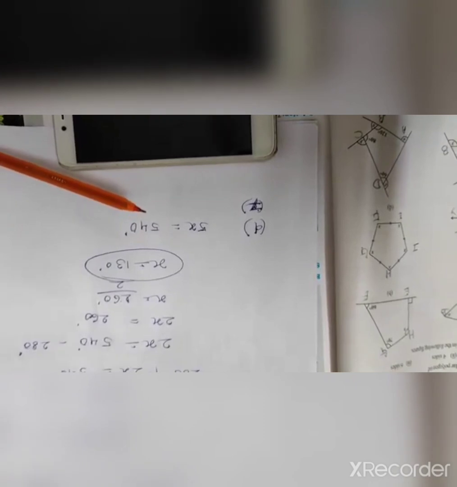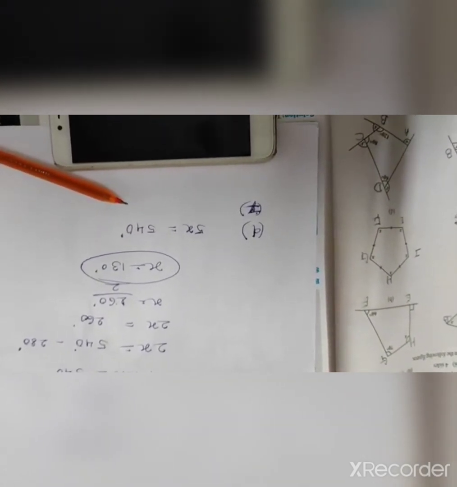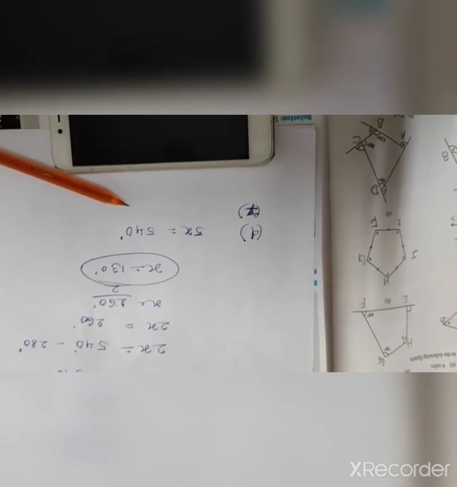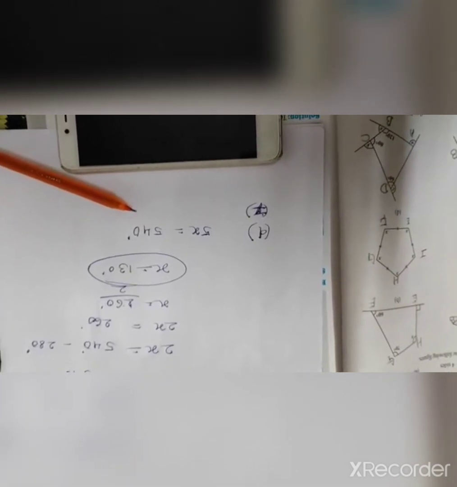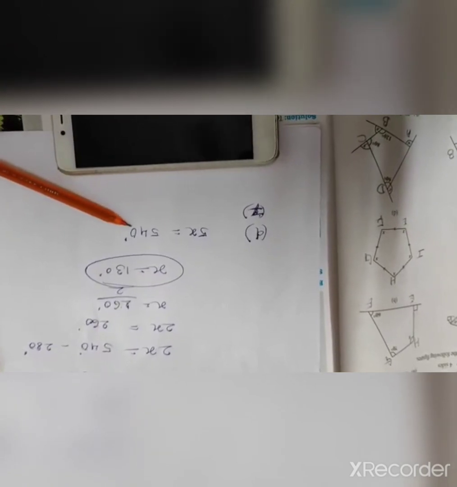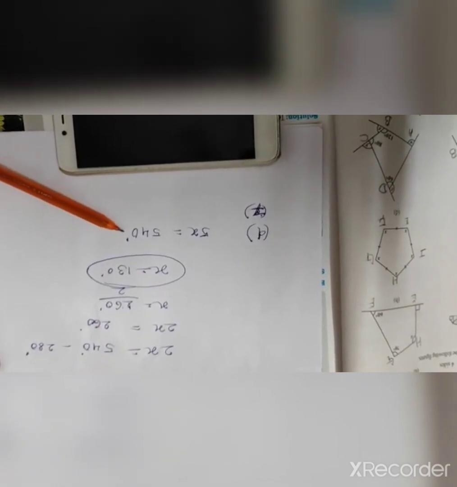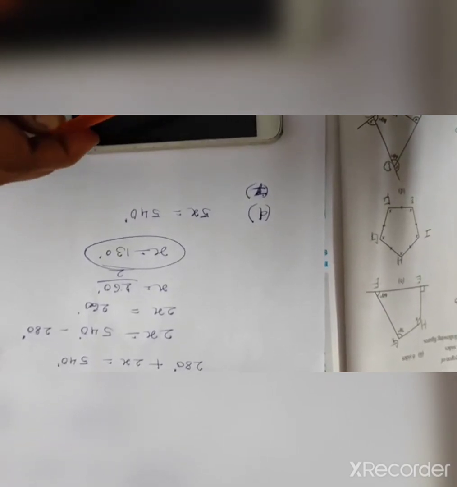In pentagon EFGHI, angle E plus angle F plus angle G plus angle H plus angle I is equal to 540 degrees. So x plus x, 5 times, so 5x equals 540 degrees. So you will write the solution step by step, students. Okay.